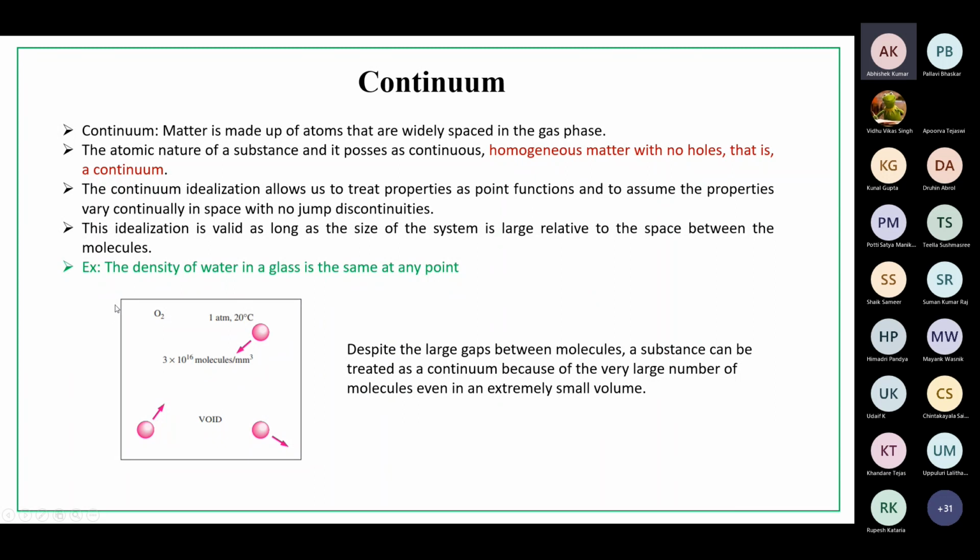Suppose this is your car tire. You insert your pressure gauge at the valve, and it shows 30 or 35, whatever the unit is. So we believe the entire tube or tire has the same pressure, obviously, because it is homogeneous matter following continuum.